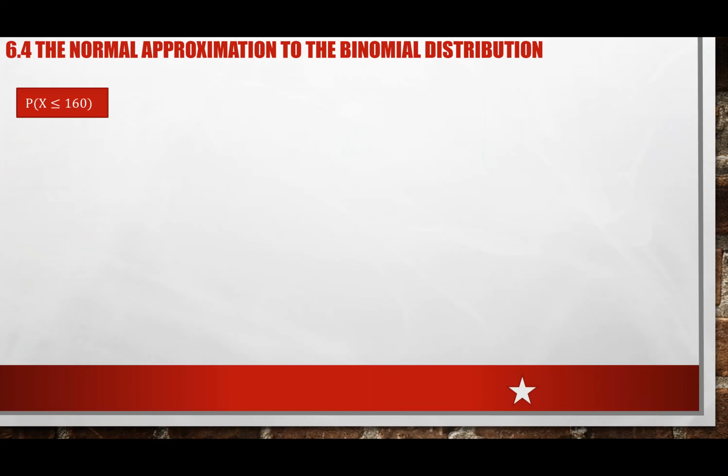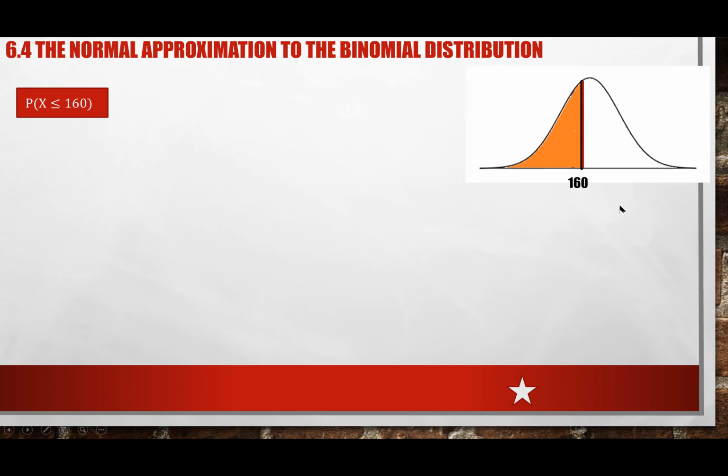You don't need to if you can see that you need to adjust your endpoint, but I want you to have an idea of what region we are trying to find the probability of, which is anything on the left of 160. This gives me two ideas. It gives me the endpoint. I start with some smaller endpoint, and then 160 will be my bigger endpoint, but not quite, right?